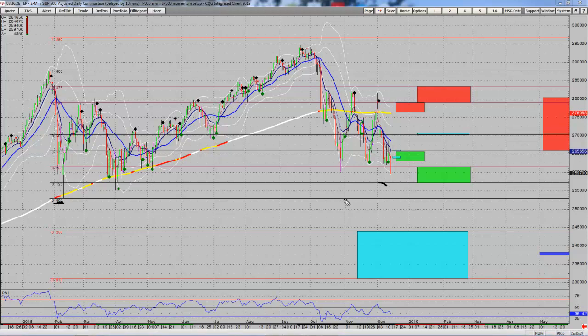clear, and there are a lot of stop loss orders in this area, just below the January lows.